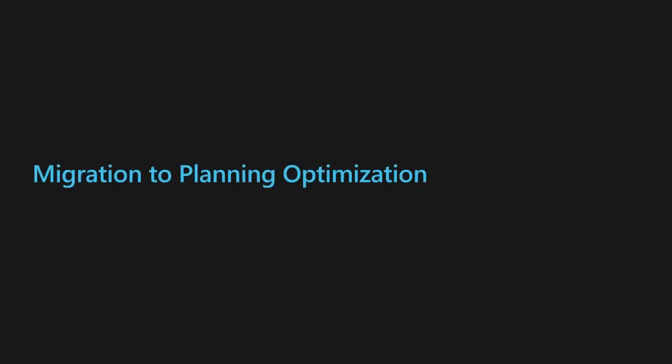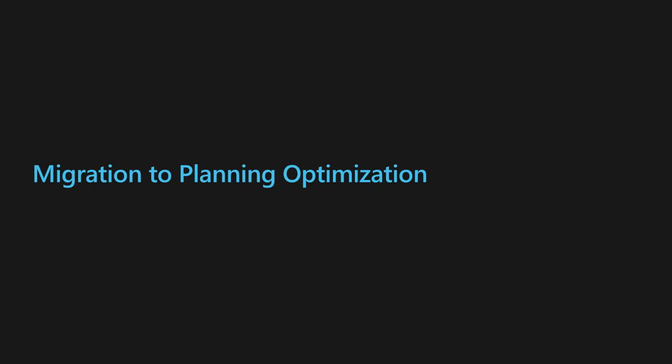So if we look at the migration to planning optimization, this is actually covering both new customers who want to use planning optimization. We encourage basically all new customers who are implementing Dynamics 365 supply chain management to use planning optimization if at all possible.